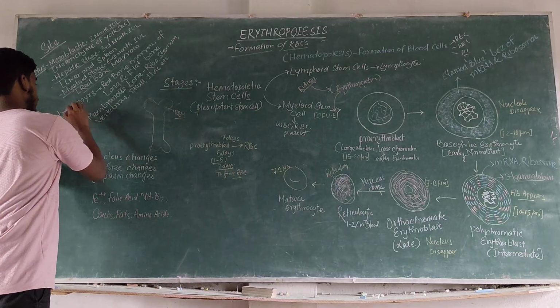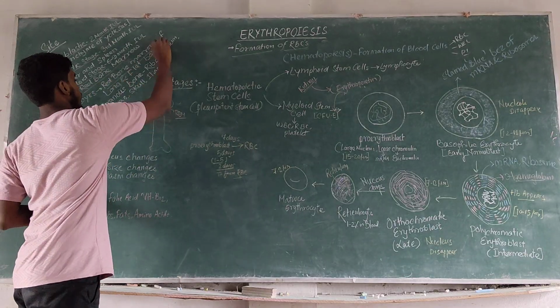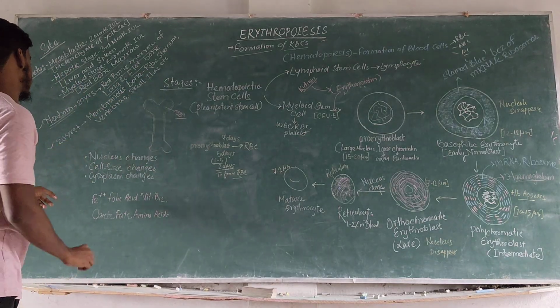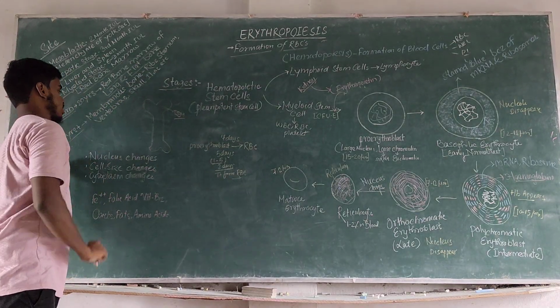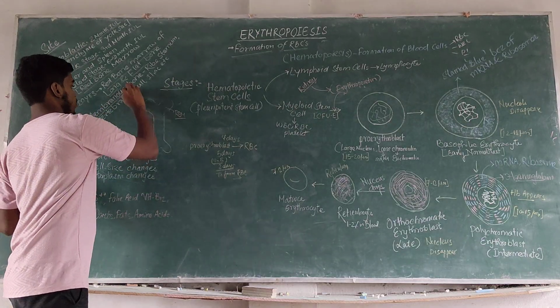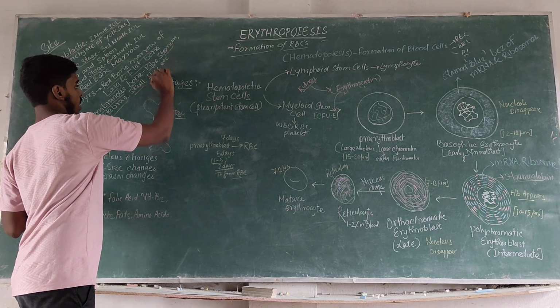And from newborn baby to 20 years, the red bone marrow of long bone and flat bone. And when the baby becomes past 20 years, it is generally produced by membranous bone like ribs, sternum, vertebrae, skull, and liver, etc.